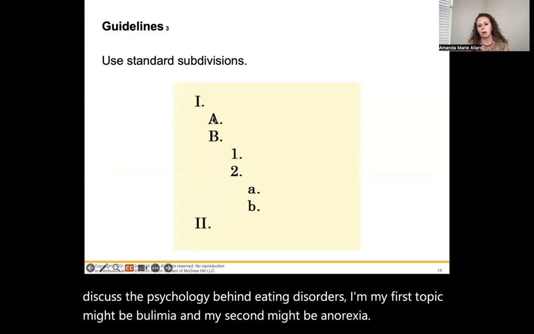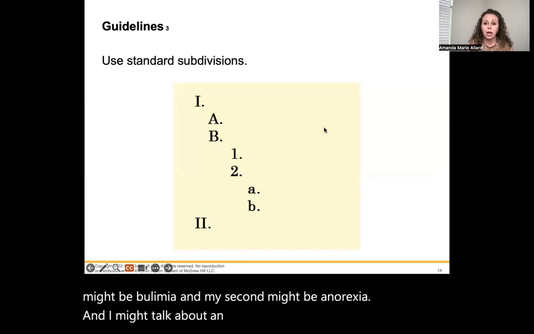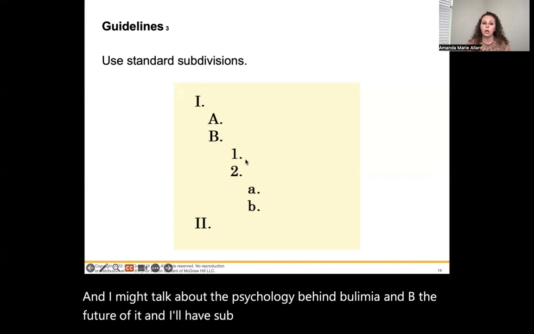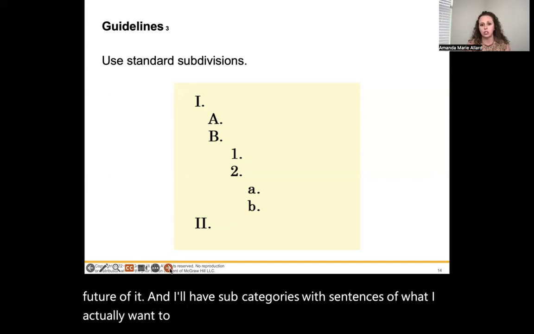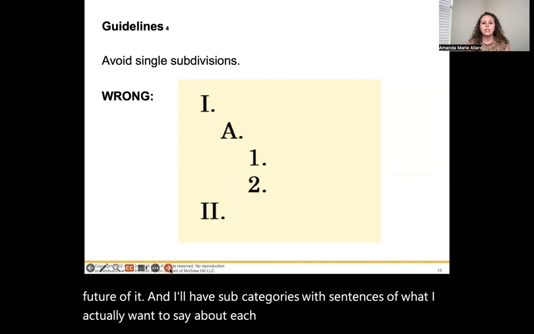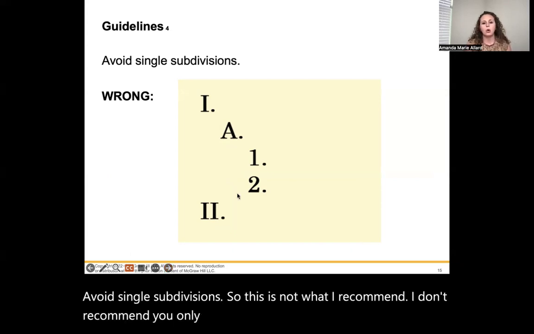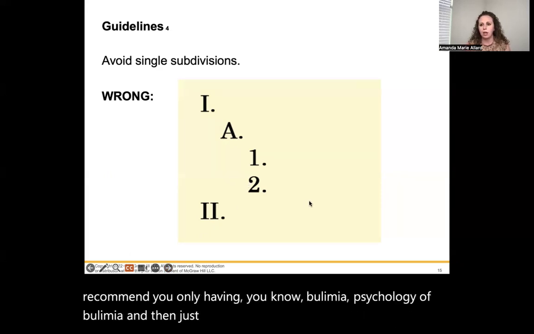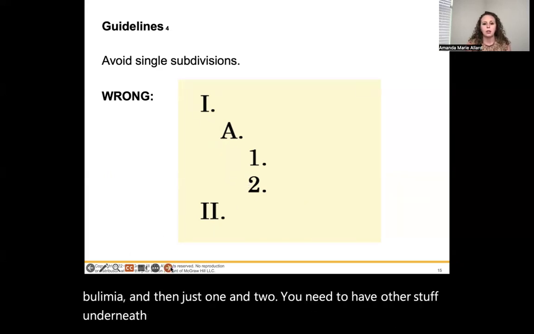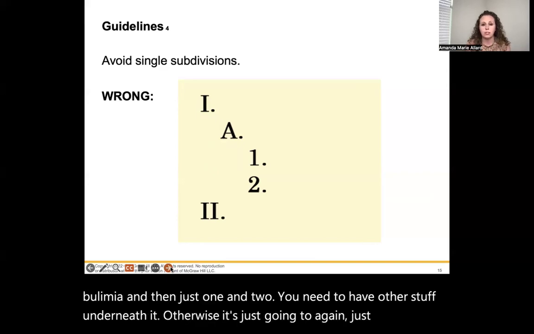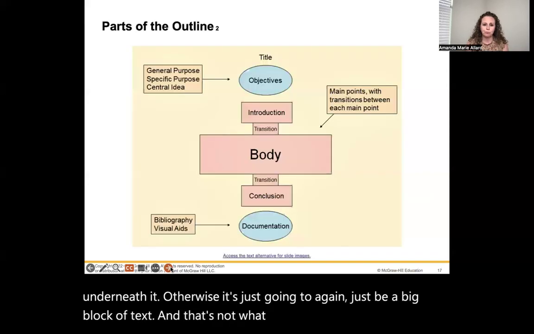In A, I might talk about the psychology behind bulimia, and in B, the future of it, with subcategories of sentences about what I actually want to say in each section. Avoid single subdivisions. I don't recommend having only bulimia, psychology of bulimia, and then just 1 and 2. You need to have other stuff underneath it. Otherwise, it's again just going to be a big block of text, and that's not what you want.